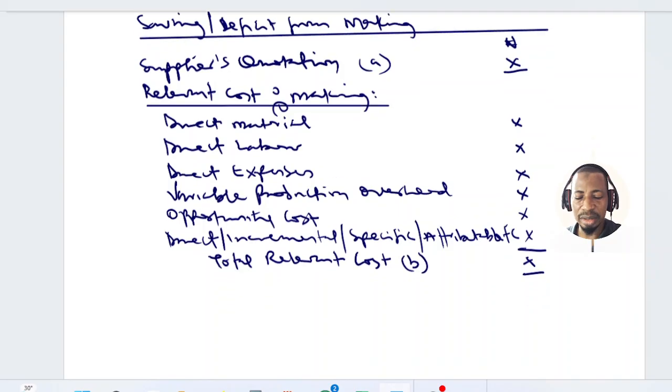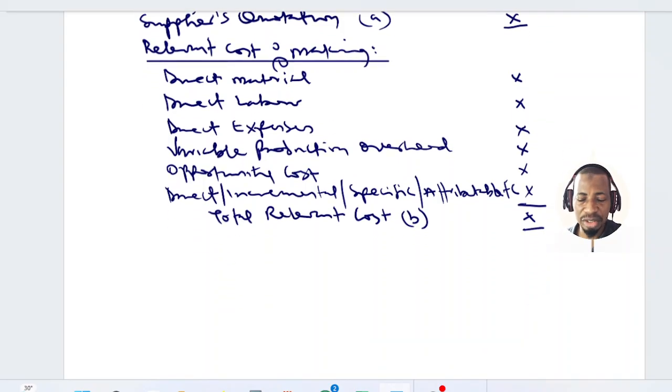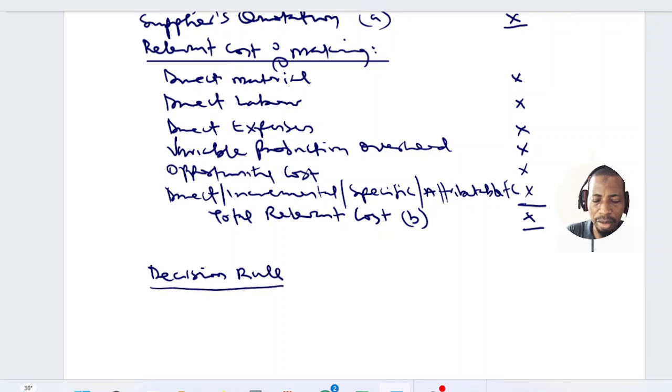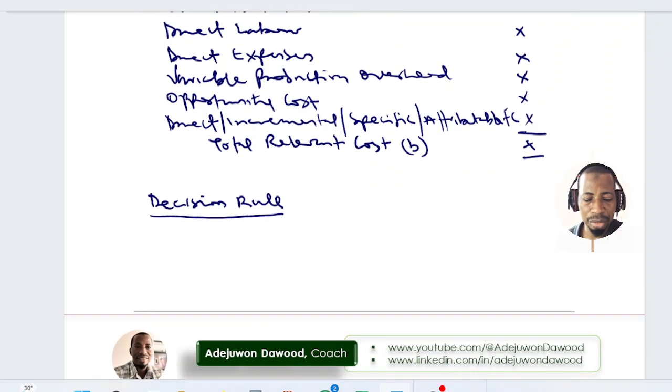So at this point, you need to make a decision. That will take us to the decision rule. Under make or buy, what are the decision rules?